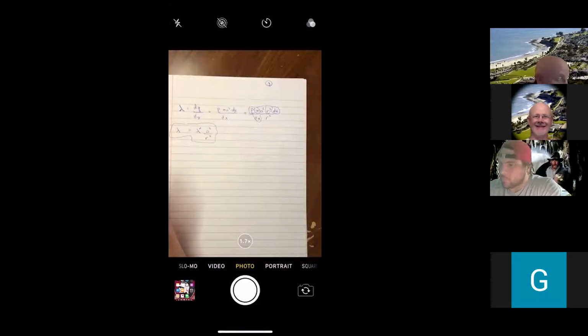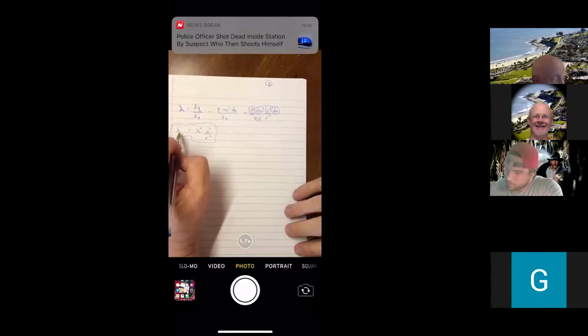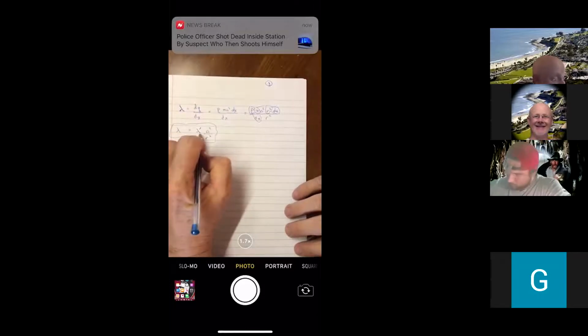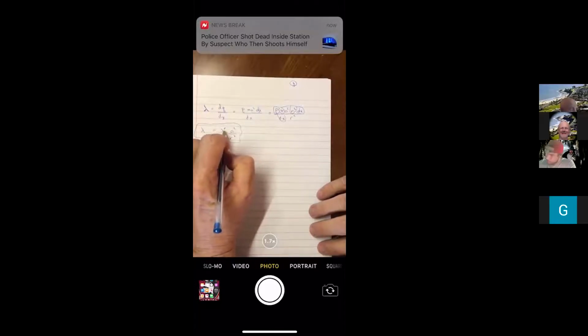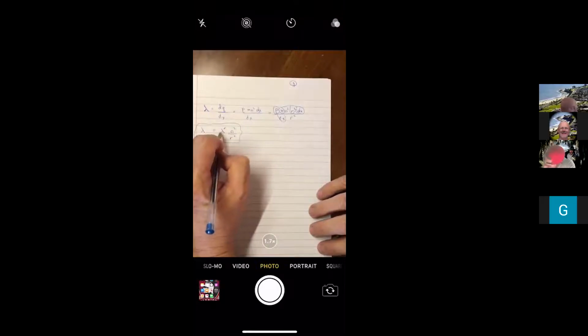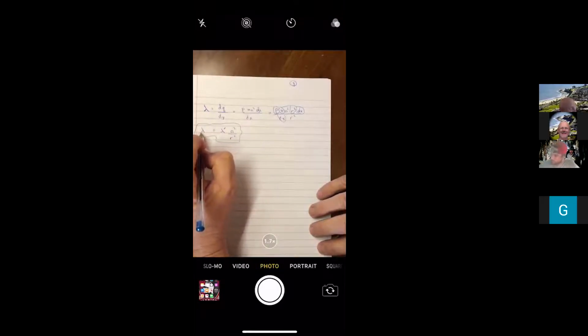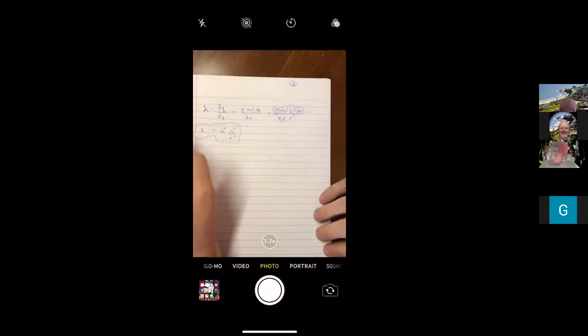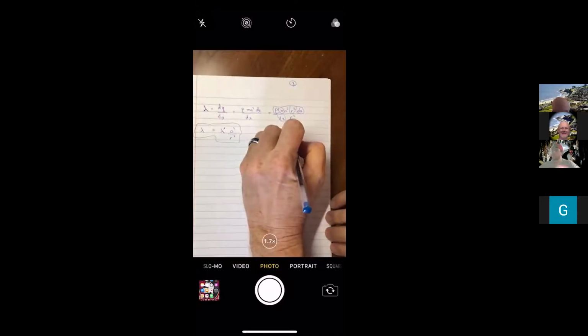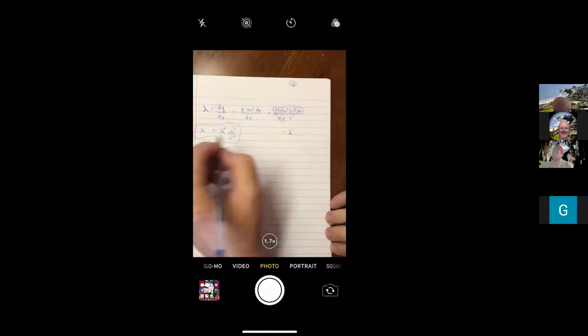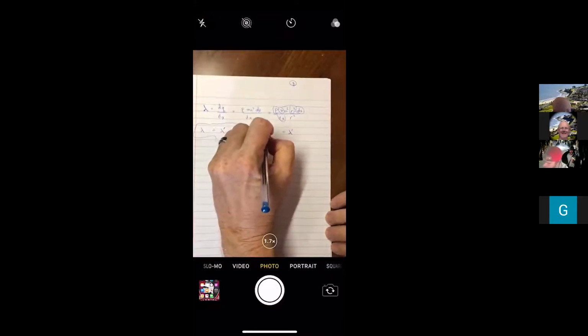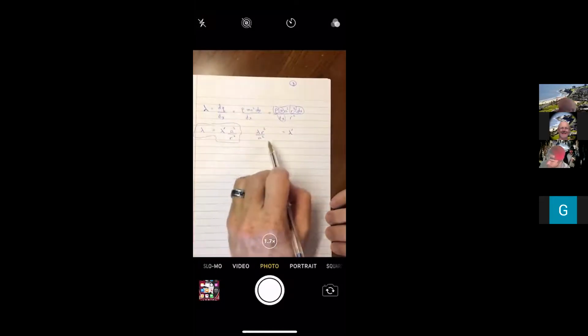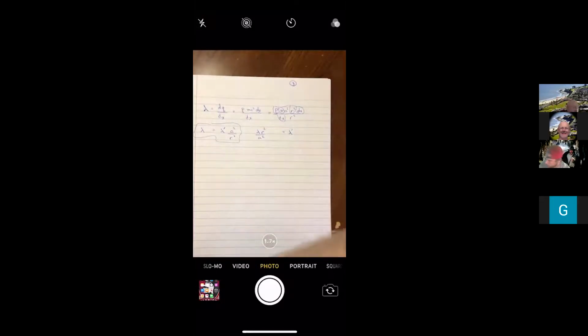To finish this problem, it says to write it in terms of lambda. So we need a connection between lambda prime, that is the charge density on a dime-sized piece, compared to the charge density on a quarter piece. And this is that numerical calculation. In fact, I'll just rewrite it then as lambda prime equals lambda r squared over a squared, because that's really what I need. So let me come back to page 2.